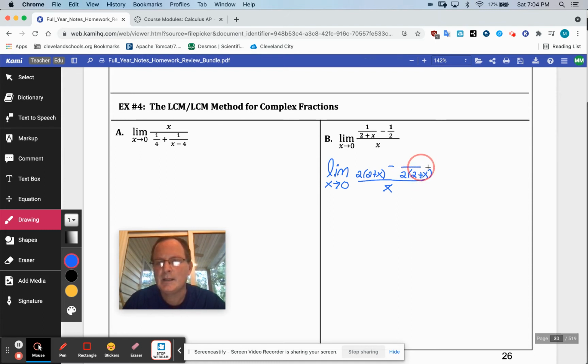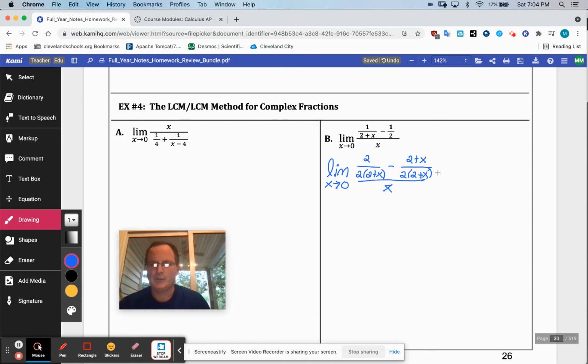So what's new? Going from this fraction to this fraction, the 2 that I multiplied by is new. So 2 times 1 is 2. And then here, what's new is the 2 plus x, correct? Which I'm subtracting, both of those. Be very careful about that. We don't want to make a subtraction mistake here in a second.